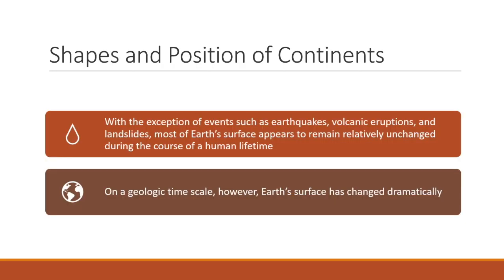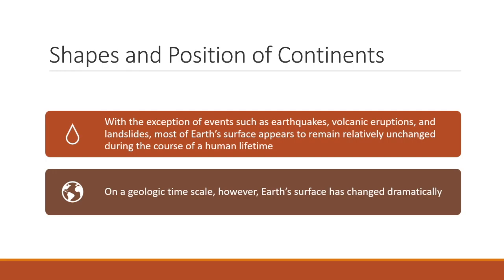Okay, so first off, let's look at the shapes and position of continents. With the exception of events such as earthquakes, volcanic eruptions, and landslides, most of Earth's surface appears to remain relatively unchanged during the course of a human lifetime. So we're just talking about one individual human's lifetime.